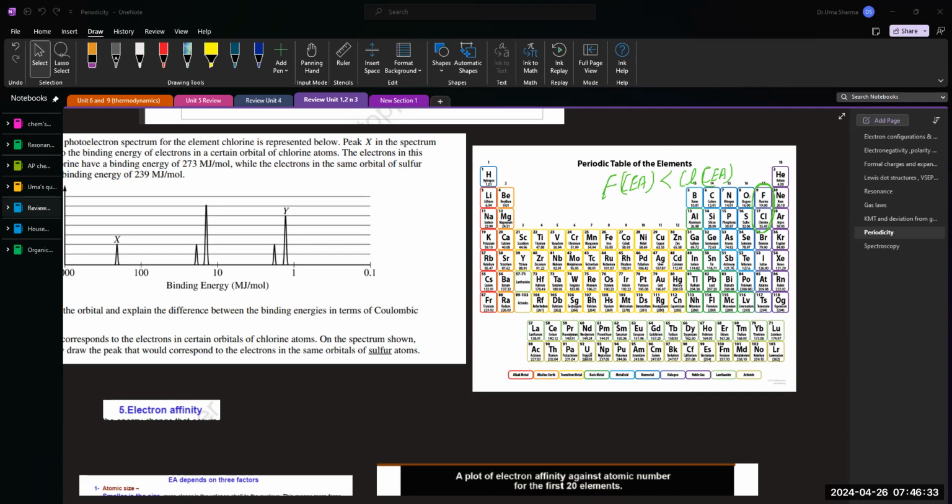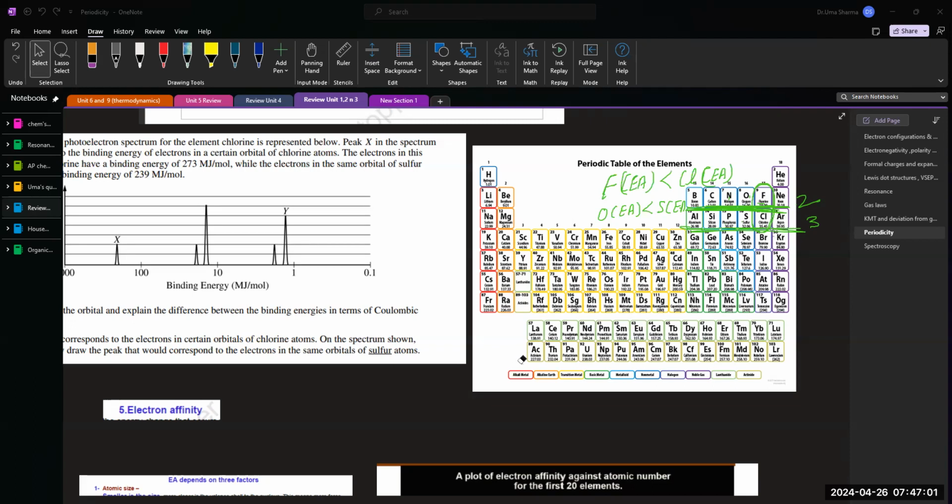Same with oxygen and sulfur. Oxygen electron affinity is lesser than sulfur. Same with nitrogen and phosphorus. Only in period number 2 and period number 3: period number 3 elements have higher electron affinity than period number 2.